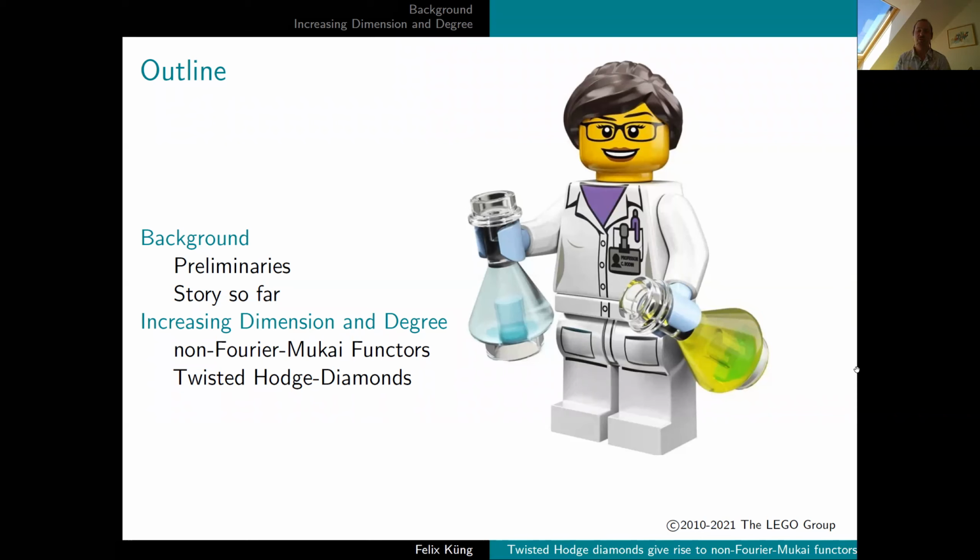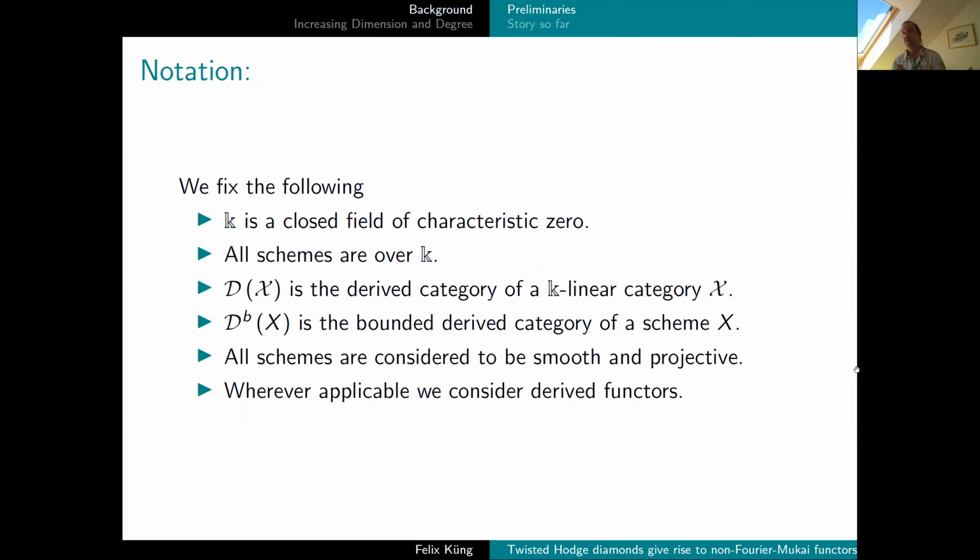Then we will talk about what we actually do: first, how you can construct non-Fourier-Mukai functors, and then how twisted Hodge diamonds get into the picture. Because there are a few things going on. It is already hard to construct non-Fourier-Mukai functors, but the bigger problem is also to verify that they actually are not Fourier-Mukai.